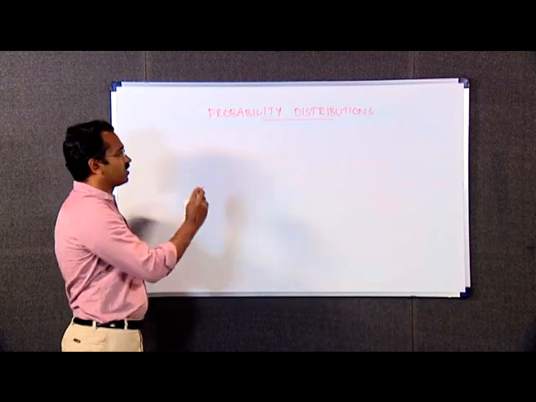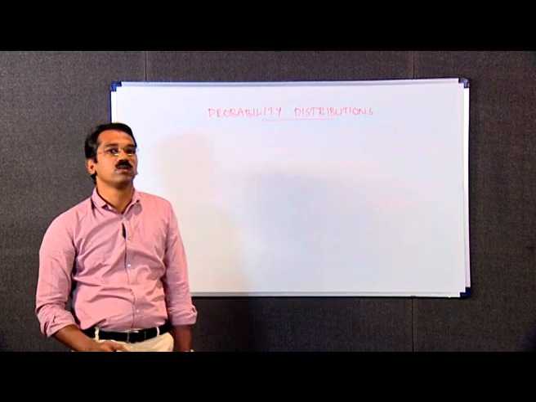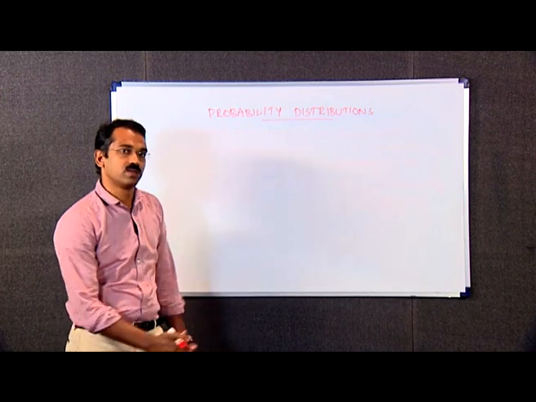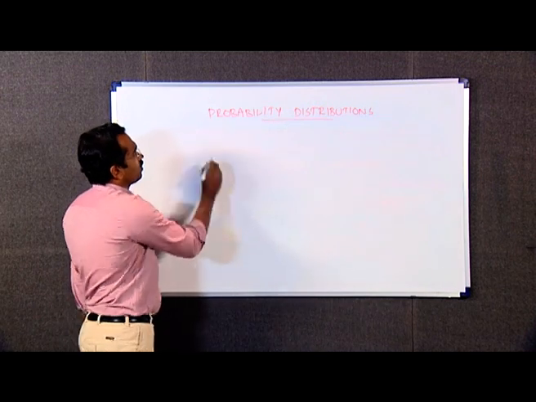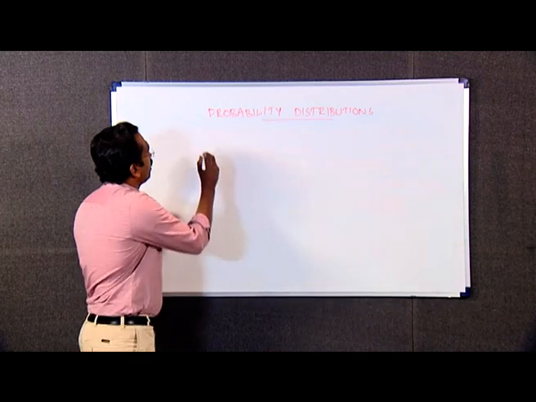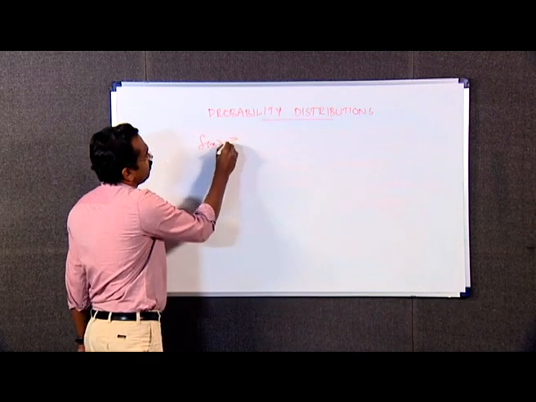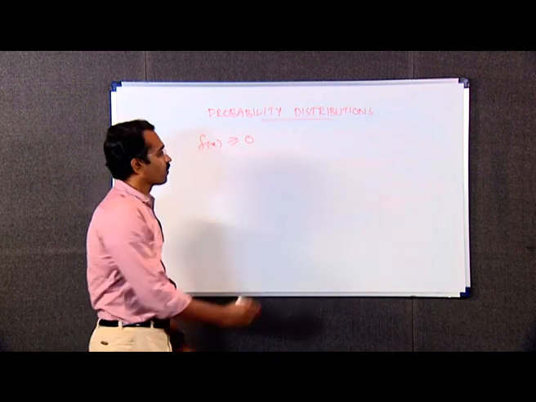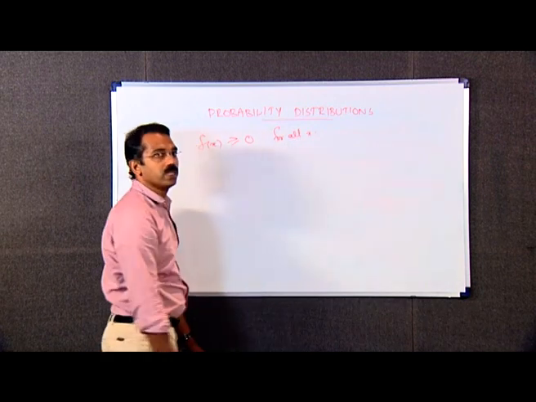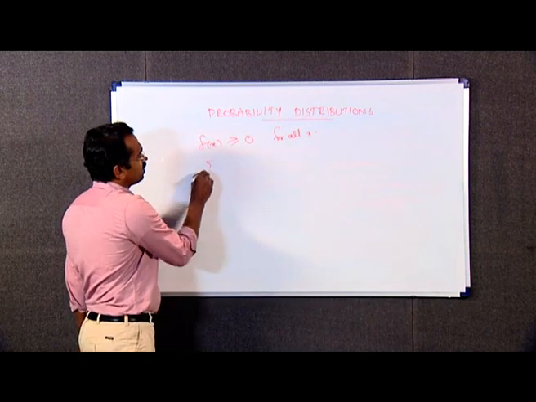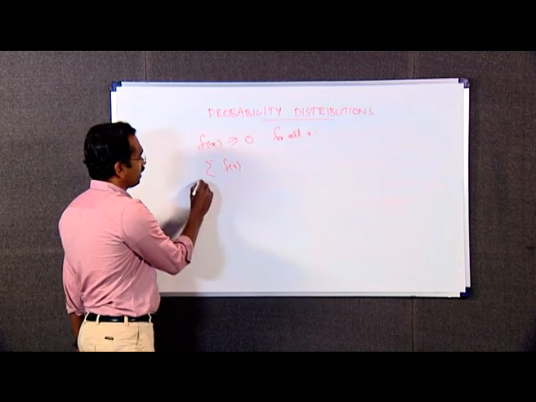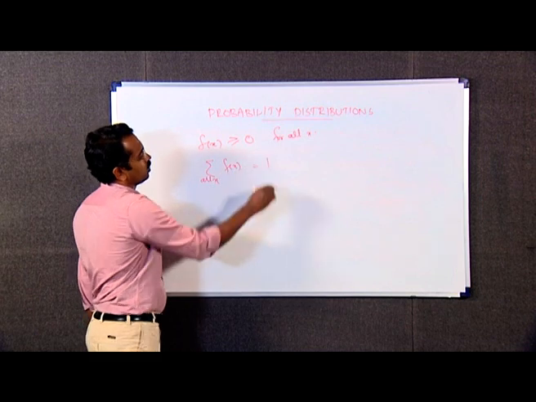Now, we have a theorem, that is, if f of x is a probability function, then f of x is always greater than or equal to 0 for all values of x, and summation f of x over all x is equal to 1.